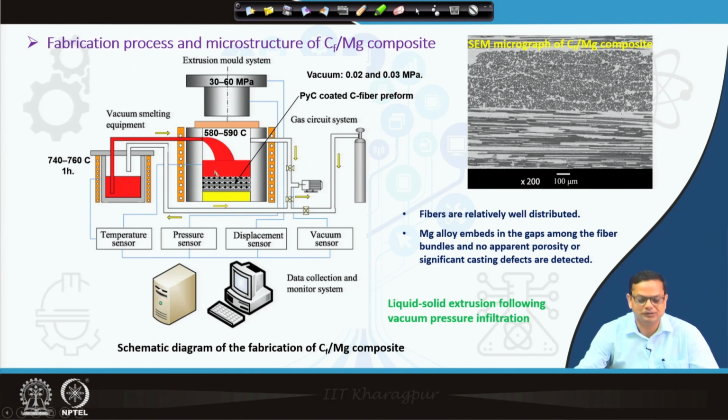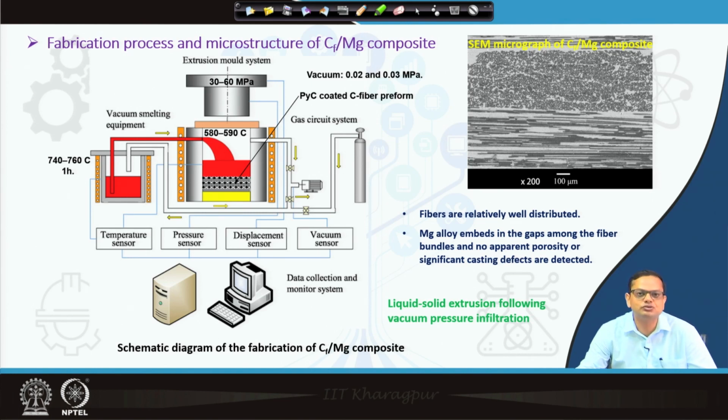Why? The only reason for reducing the temperature and going into the semi-solid or semi-liquid state is to reduce the interfacial reaction at higher temperature. When you have liquid phase, the dissolution, the diffusion at the interface, and the chemical reaction at the interface all get elevated.